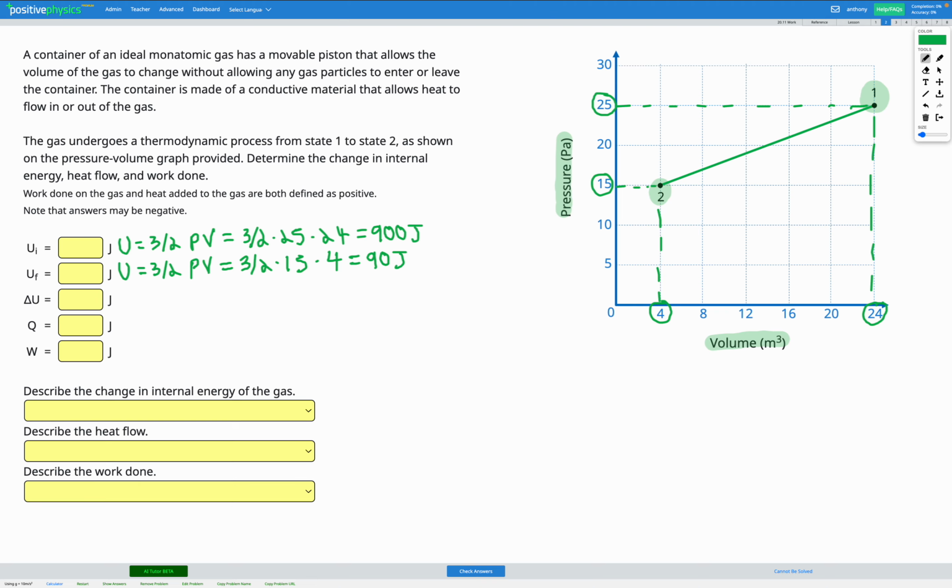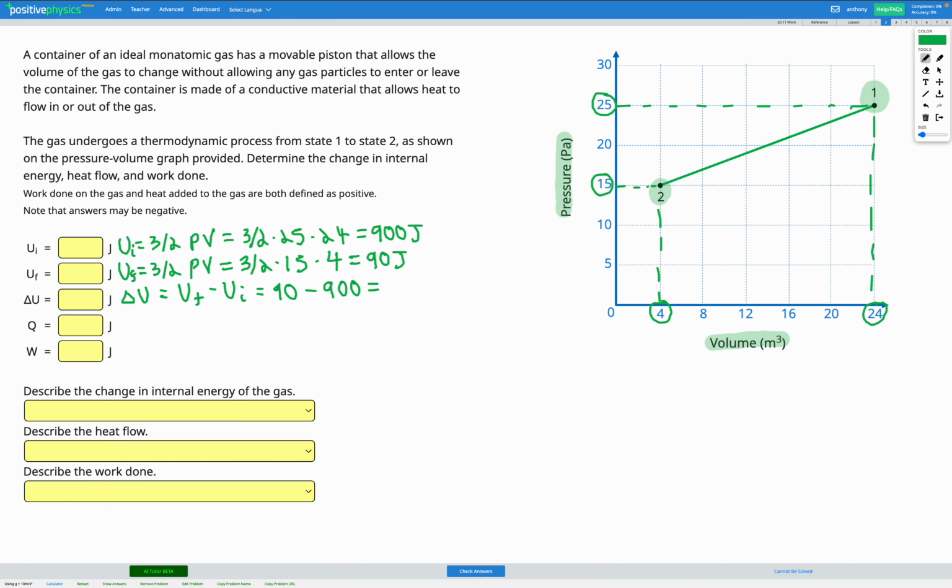So there's our initial and final energies. To find the change in the total internal energy, delta U, we're going to do our final U, UF, minus our initial U, UI. So our final U was 90, and we're going to subtract our initial U, which was 900.